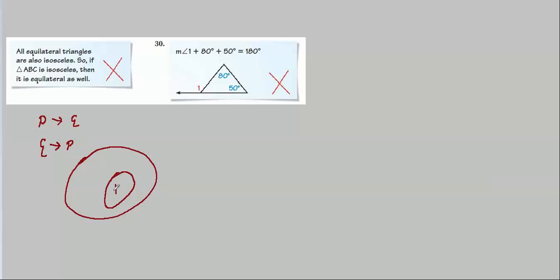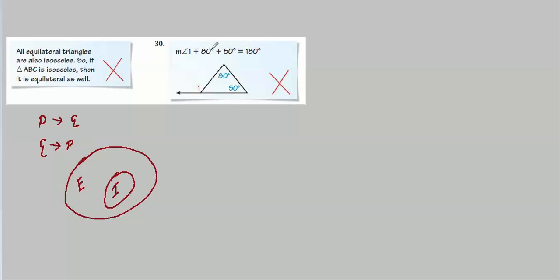We should write this: I for isosceles and E for equilateral. Now these equilateral triangles do fit inside the category of isosceles, but not the other way around. You could look at it with the Venn diagram, or you could just instantly spot that this is pretty much nonsense. Either way works.